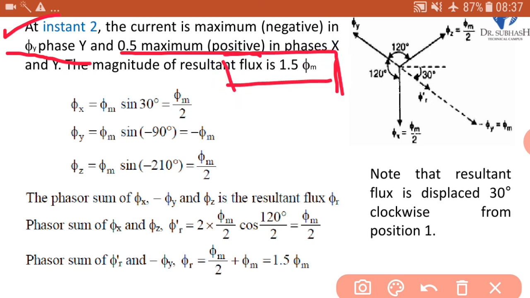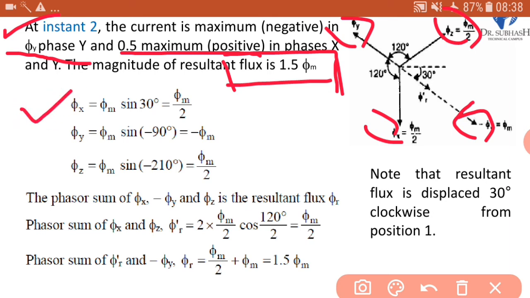Here a phasor diagram is also given: phi x, phi y and phi z. The resultant flux is seen here. Flux due to x phase, phi x is equal to phi m sin 30 degrees.